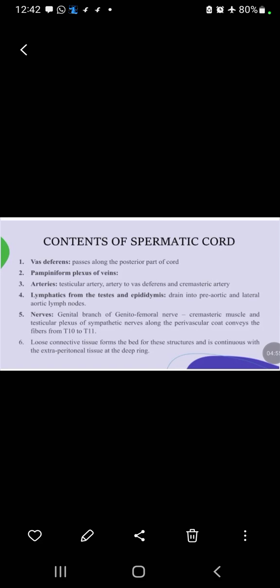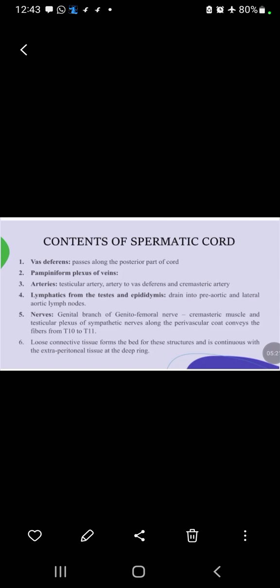Contents of the spermatic cord: vas deferens passes along the posterior part, pampiniform plexus of veins. Arteries: testicular artery, artery to the vas deferens and cremasteric artery. Lymphatics from the testis and epididymis drain into the pre-aortic and lateral aortic lymph nodes.